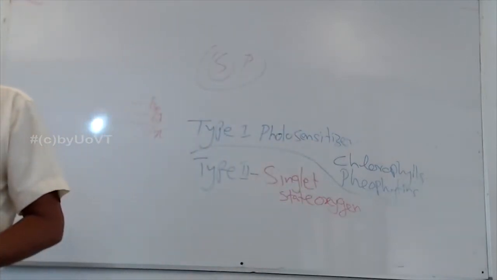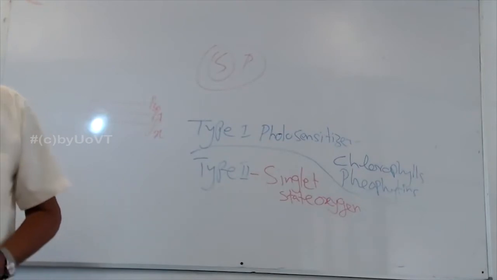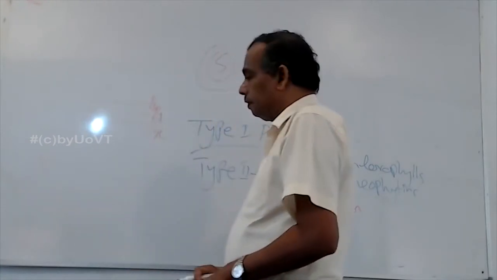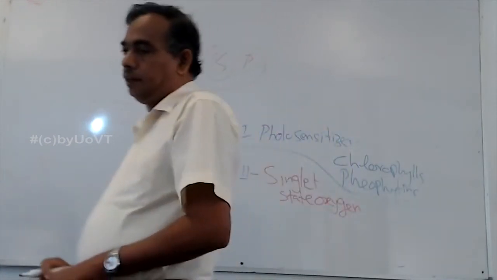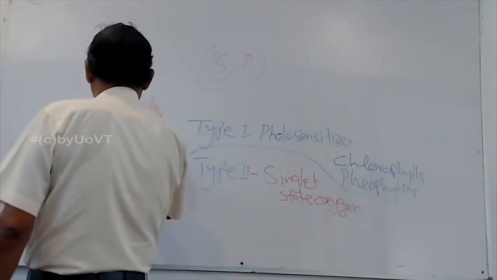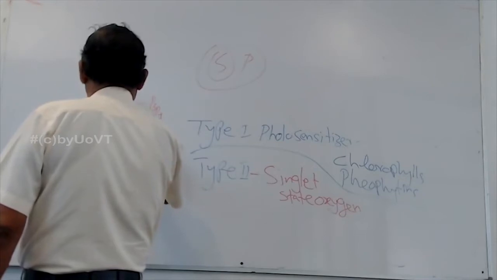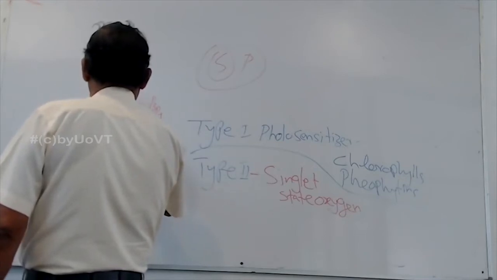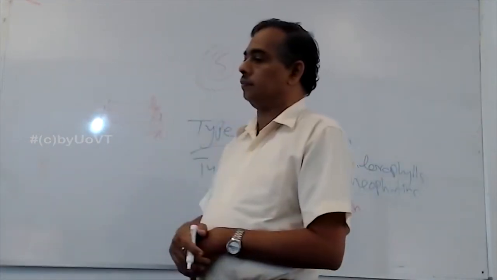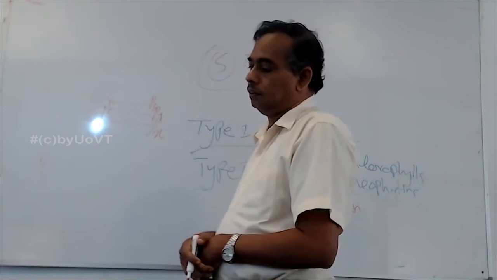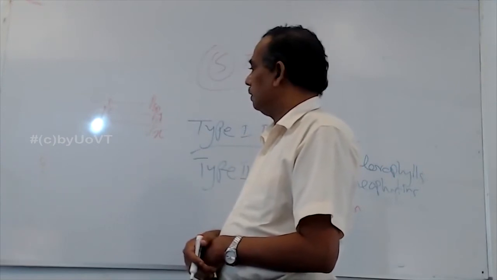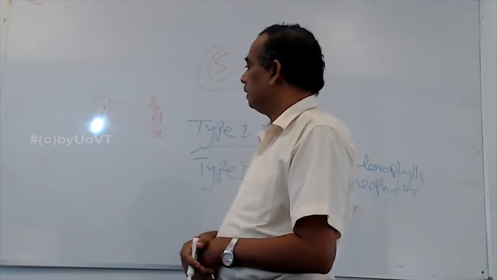If you try to fill the electrons in the last shell, you can fill like this: 1, 2, 3, 4, 5. Five p electrons. So you cannot obtain another one.